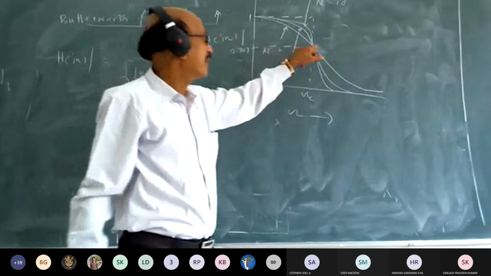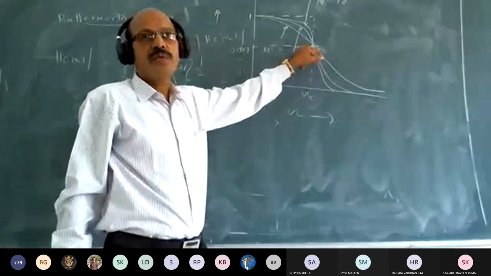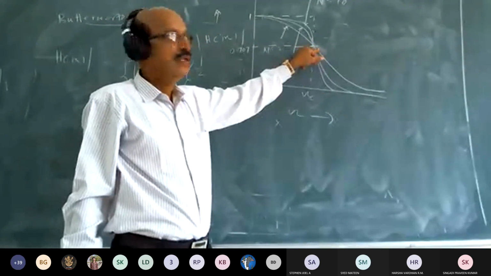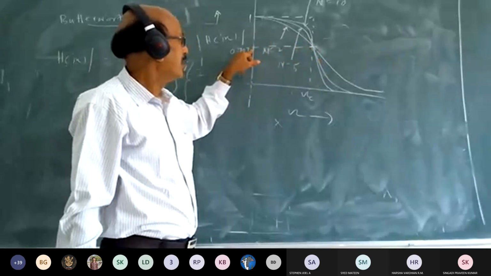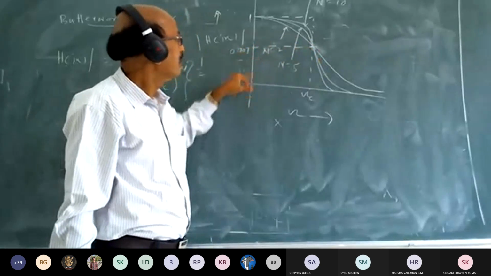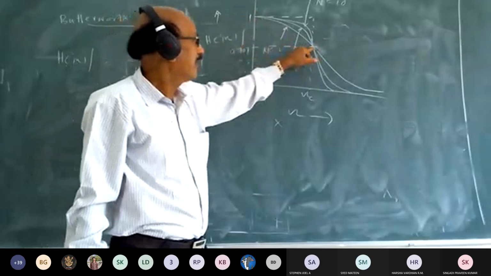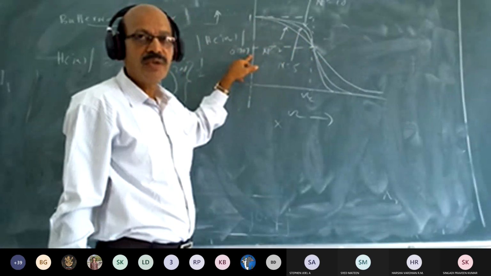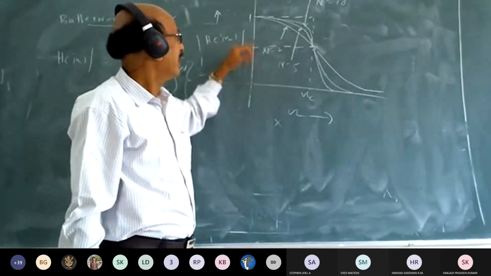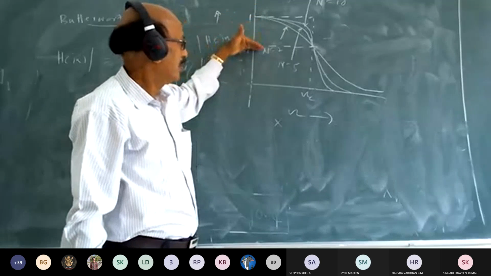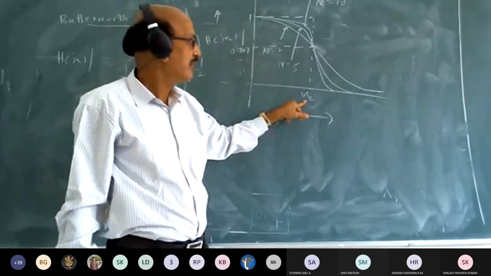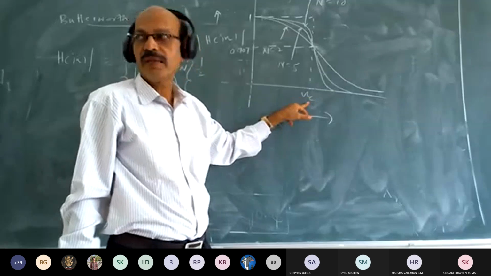This is an interesting fact one can notice in the Butterworth filter. At the origin its value was 1, but where they are crossing the magnitude becomes 0.707. That means the magnitude decreases from 1 to 0.707 at this frequency, which is called the cutoff frequency.